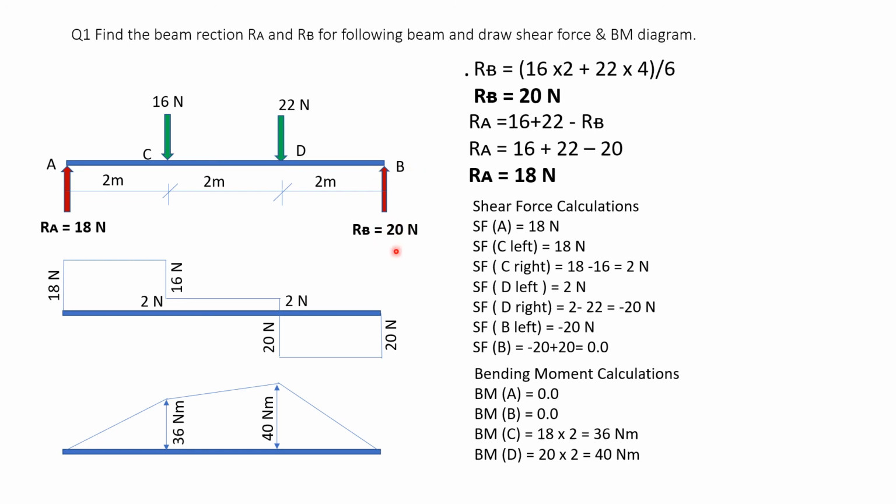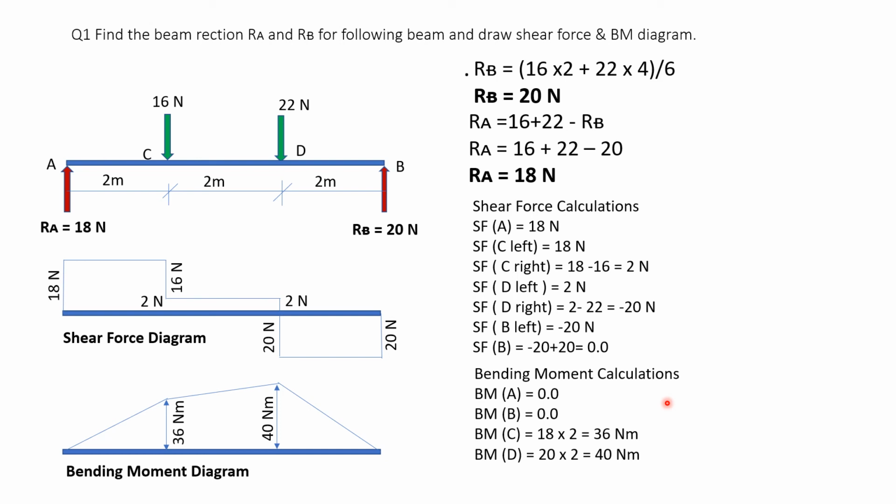On the right side there is only one force, 20 into 2, and going up, so positive. So 20 into 2, that is 40 Newton meter. So this is how you do the bending moment calculations in the exam.